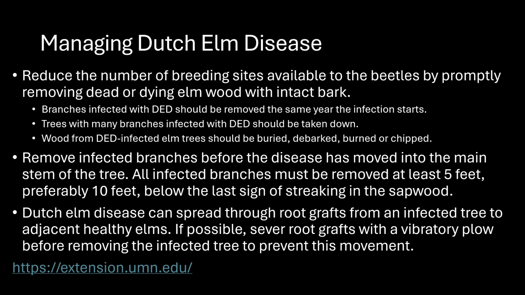So the next thing is pretty extensive, and I don't expect many people to really be doing this, but certainly if you're a woodland owner and you have quite a bit of this, then this may be an option. But say you have quite a few elms in close proximity, and this elm disease has spread through the root grafts.